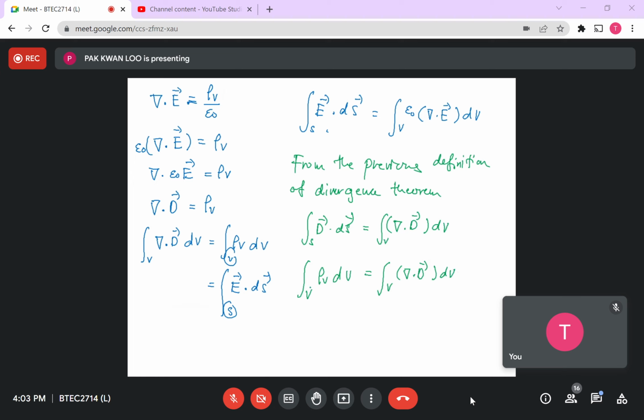If we compare, both sides are volume integrations, and the volume of interest, defined by the closed surface, is the same on the left and on the right. Therefore we can directly write this as equal to rho v.